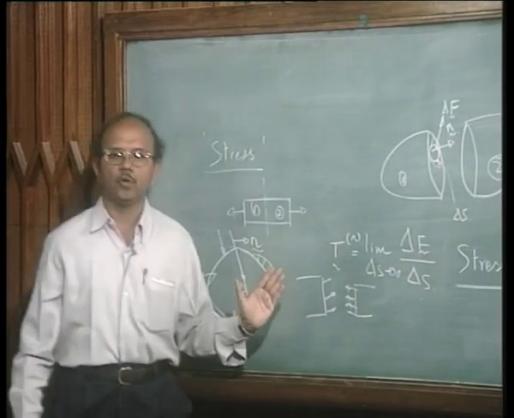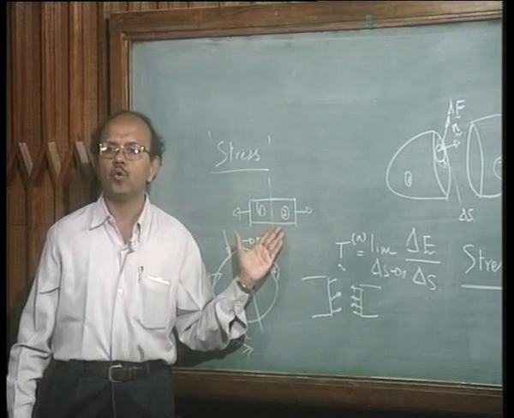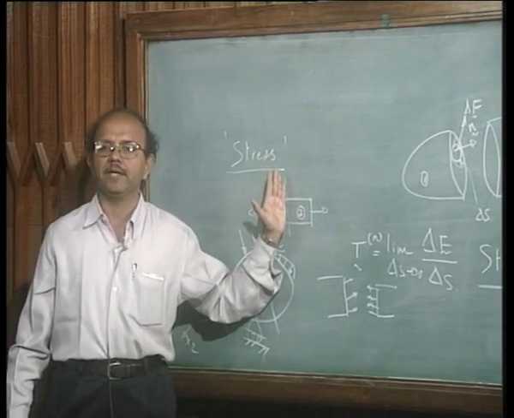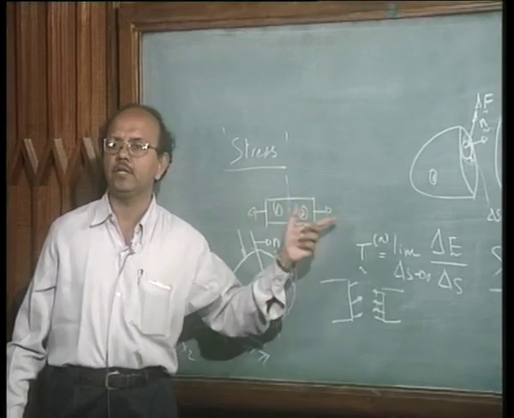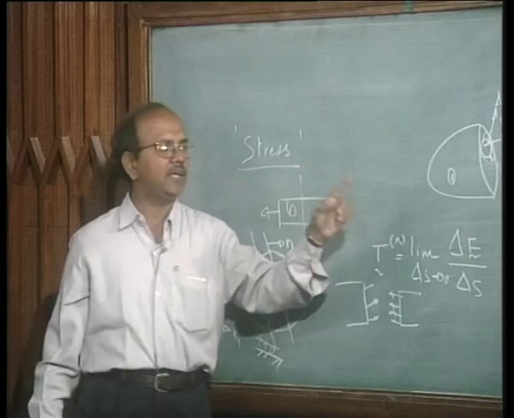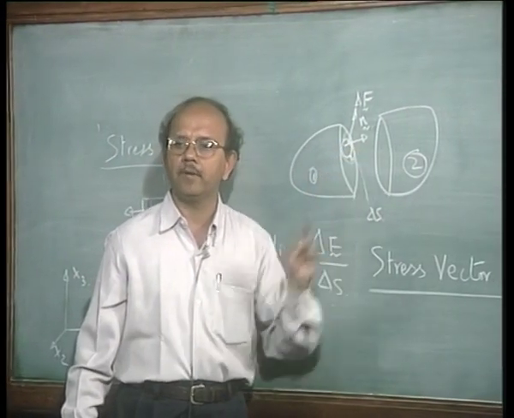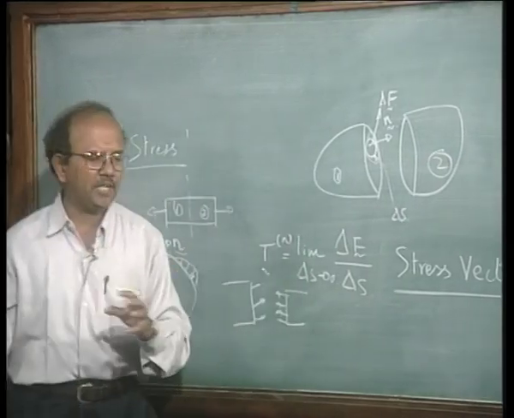The only difference now is that as soon as I say what is the stress here, you had immediately a plane in mind which is 90 degrees to the axis of the bar, and you would have taken this plane here. But here, what is the stress at this point? Then I have to specify the plane. Now physically what does it mean?